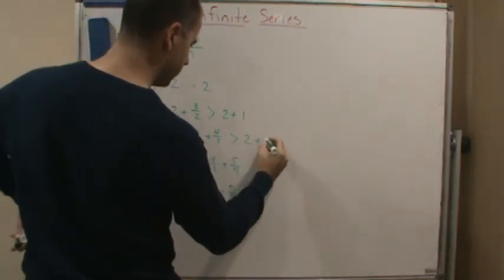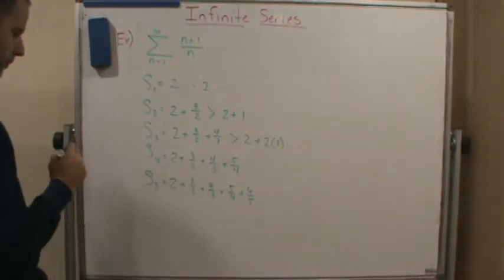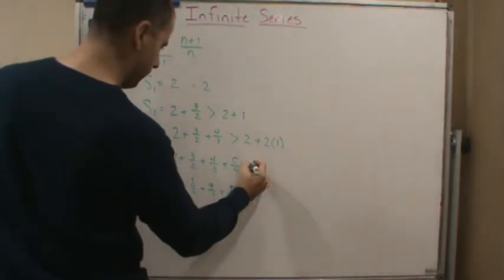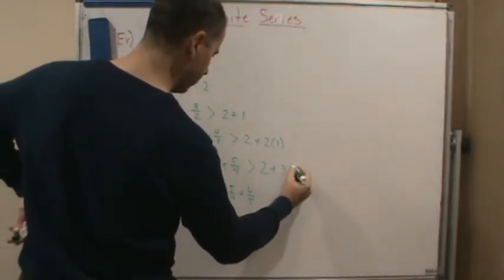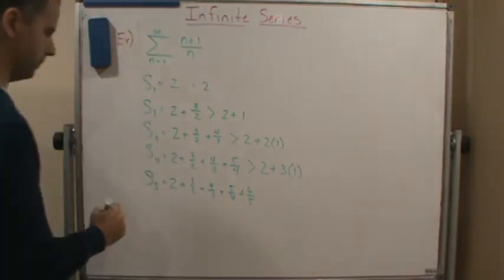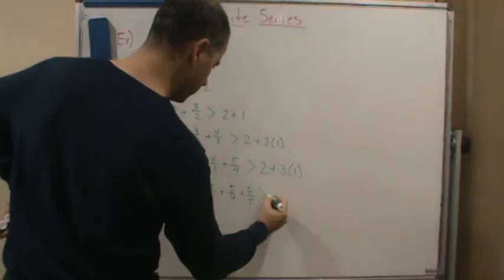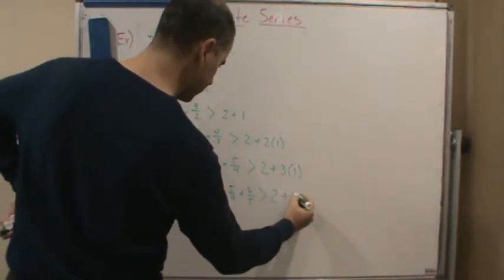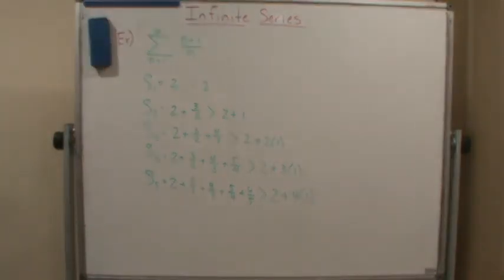Right? 1 plus 1, so this would be 2 times 1. And this is going to be bigger than 2 plus what? 3 times 1. And this one would be bigger than 2 plus 4 times 1. Right?